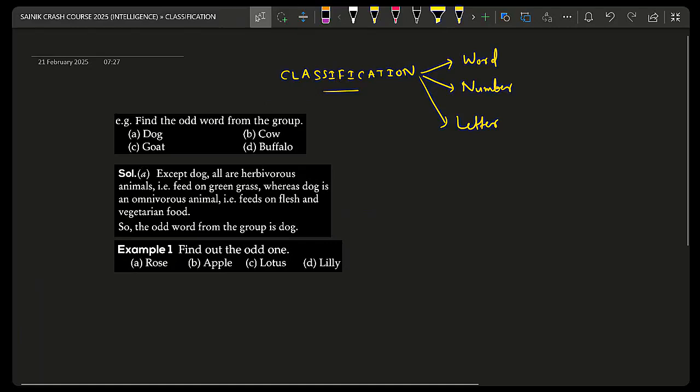All of you can participate in the poll now. Find out the odd one. Option A, rose. Option B, apple. Option C, lotus. And option D, lily.